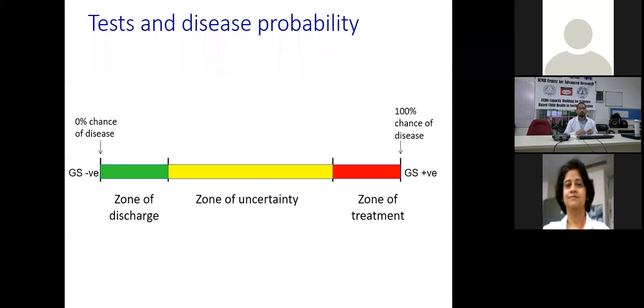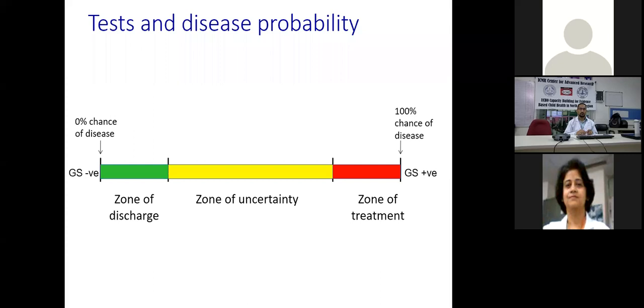To the extreme left is 0% chance of the disease, which effectively means gold standard negative for sure. On the right hand side is 100% chance of the disease, which is gold standard positive for sure. Now, somewhere close to 100% chance of the disease on the right side is a zone of treatment, which basically means that beyond a certain probability of the disease, most clinicians would treat for the disease without waiting for 100% confirmation.